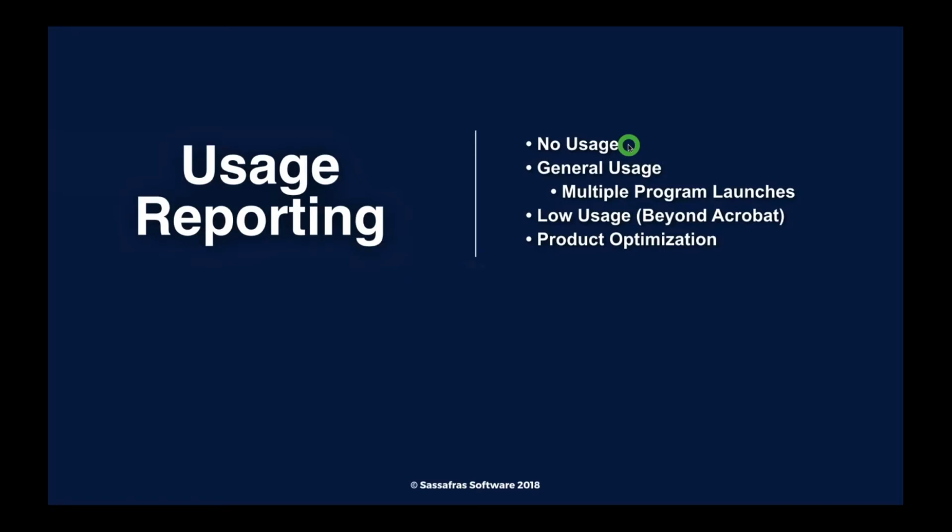And then you've had a look at that product optimization report where you can see less expensive versions of products that could be installed on certain computers. That's a lot of information that you can then use to analyze what your cost would be given the various options available to you from Adobe.